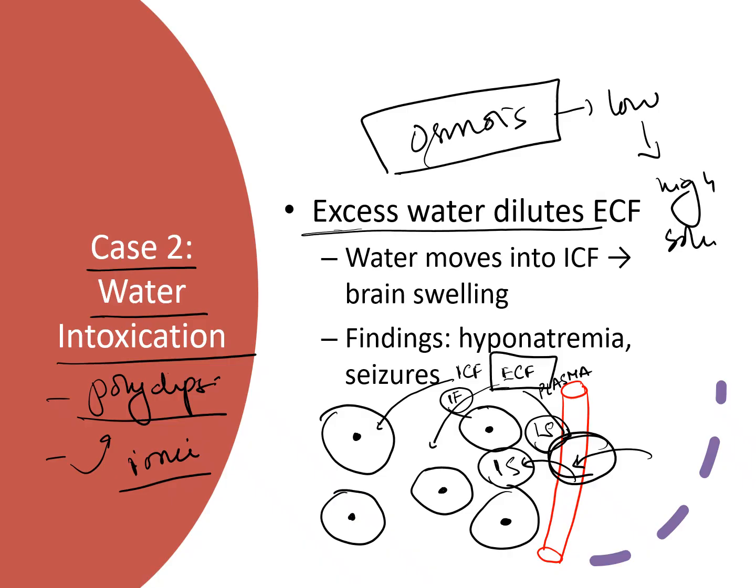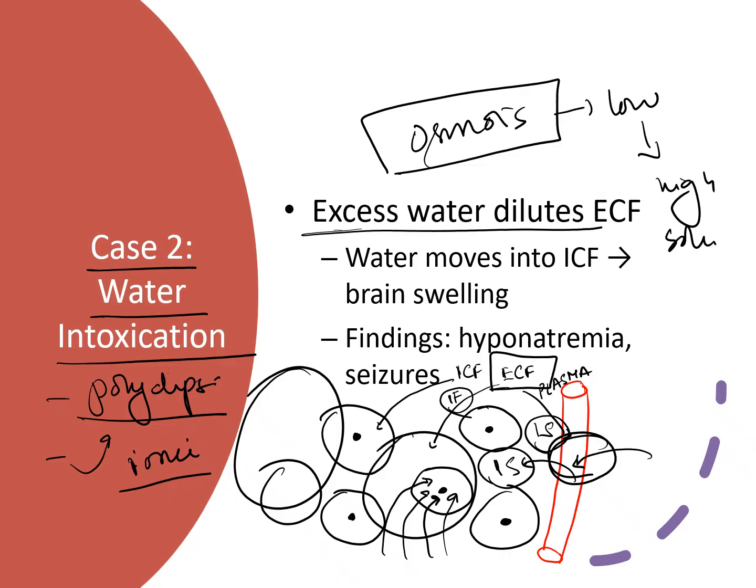It will be diluted, and because of this dilute fluid, the water will move from the interstitium towards inside the cell, from low solute to high solute, and that results in swelling of the cell. If this happens in the brain, it can cause swelling of the brain cells, which can sometimes lead to seizure.